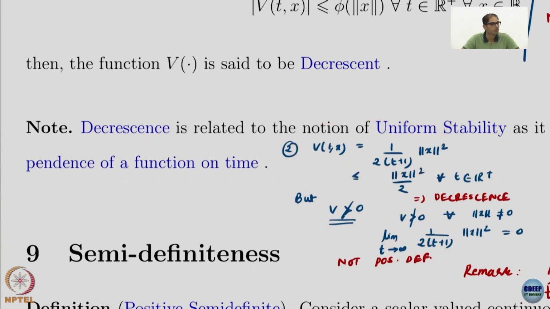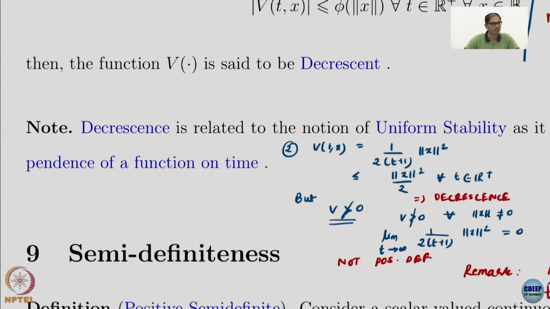So somehow one might get an impression that both seem mutually exclusive. If you have a positive definite function, you did not get decrescence, if you got decrescence, you did not get positive definiteness. But then that would mean that if you get stability you cannot get uniformity, if you got uniformity you cannot get stability, that seems a bit ridiculous.